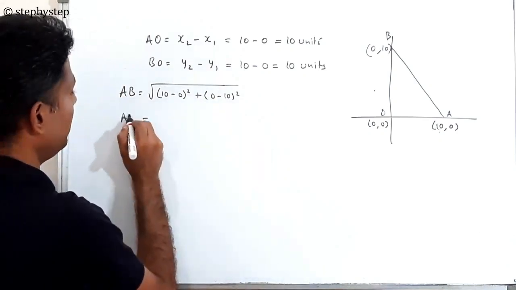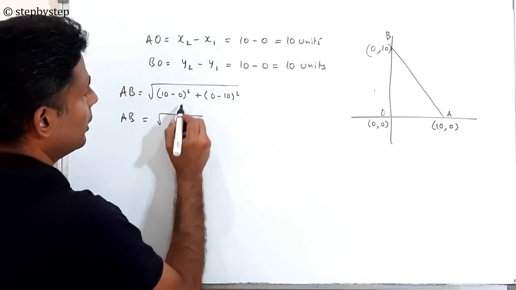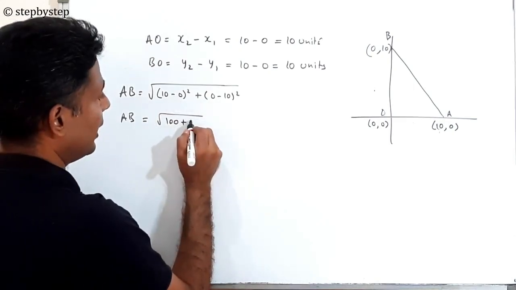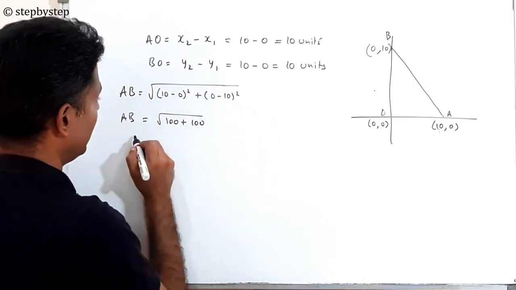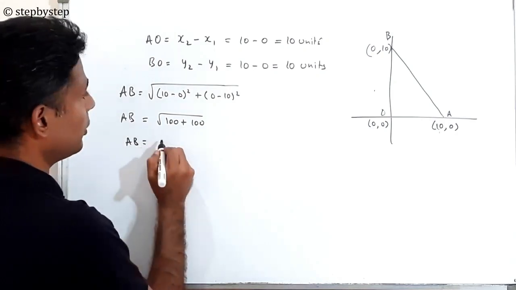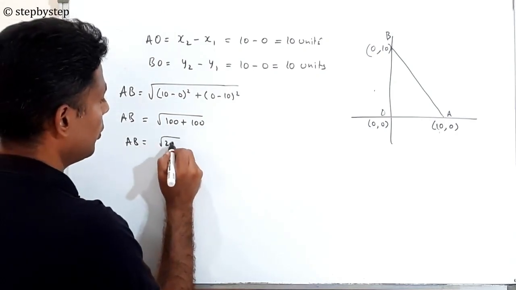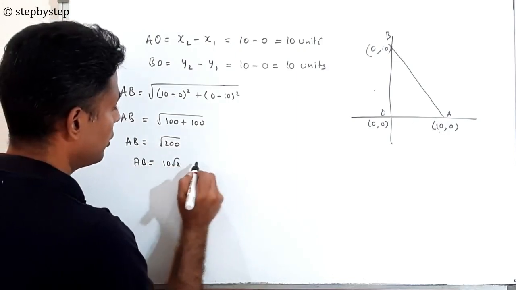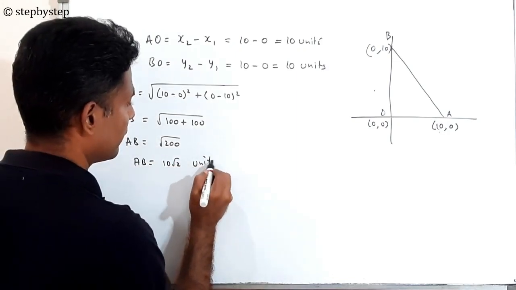So this will become AB equal to root of 10 square, 100, plus 10 square, minus 10 square, again it is plus 100. So we get AB equal to root 200, which is AB equal to 10 root 2 units.